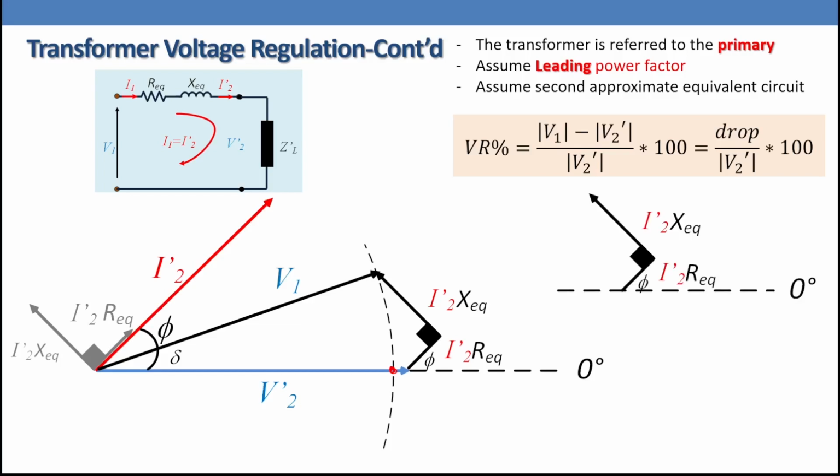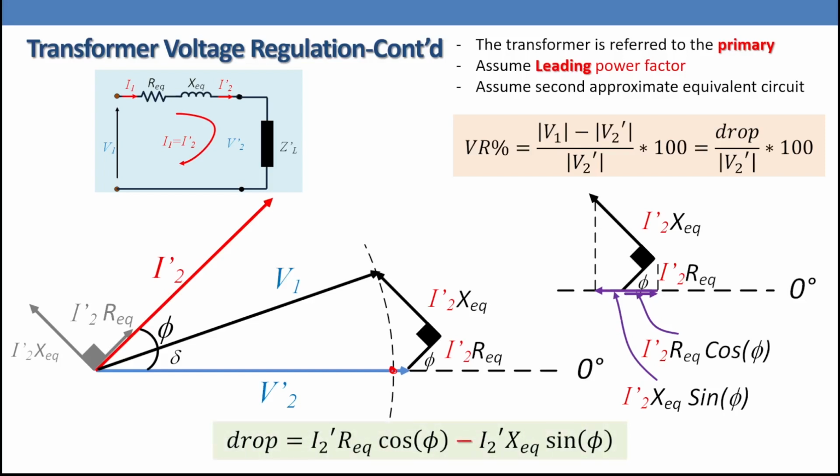So we have angle phi here, and we have angle phi on the other side as well. So projection to the x-axis is going to give you I2 dash R equivalent cosine phi and I2 dash X equivalent sine phi. Please look at the arrows. They are opposite to each other. So in this case, the drop equals I2 dash R equivalent cosine phi minus I2 dash X equivalent sine phi.